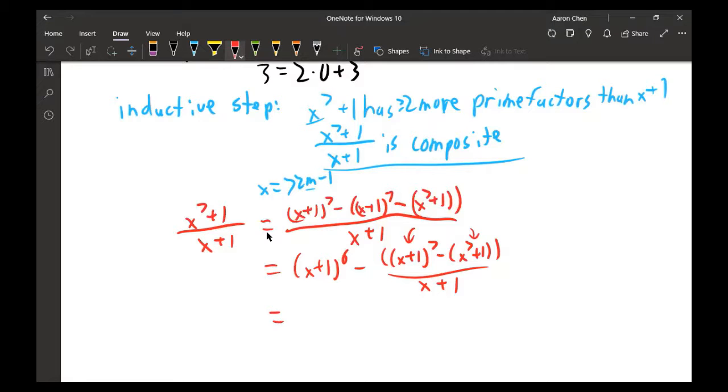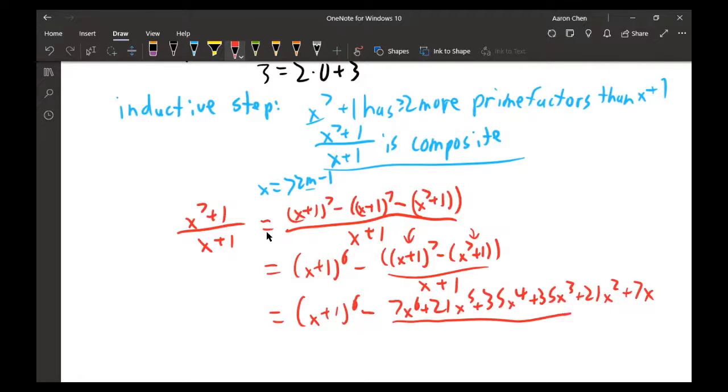And what that would get is that this is equal to x plus 1 to the power of 6 minus 7x to the 6th plus 21x to the 5th plus 35x to the 4th plus 35x cubed plus 21x squared plus 7x divided by x plus 1.